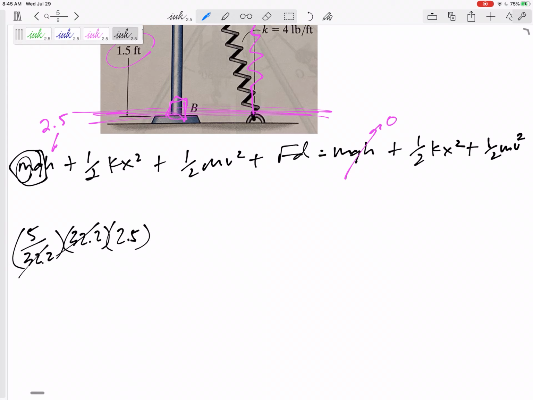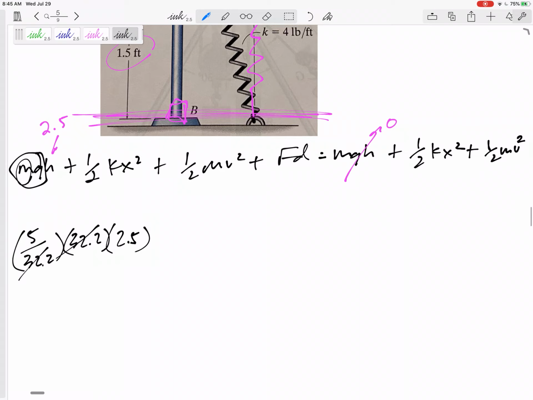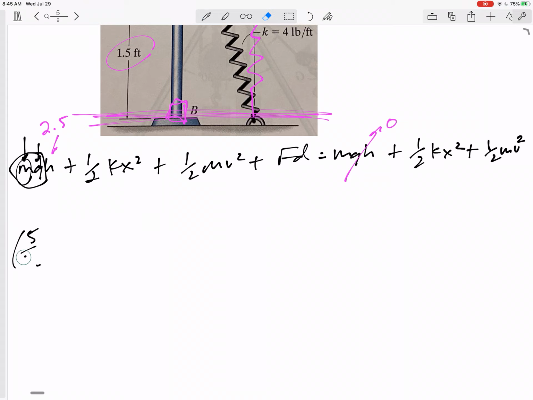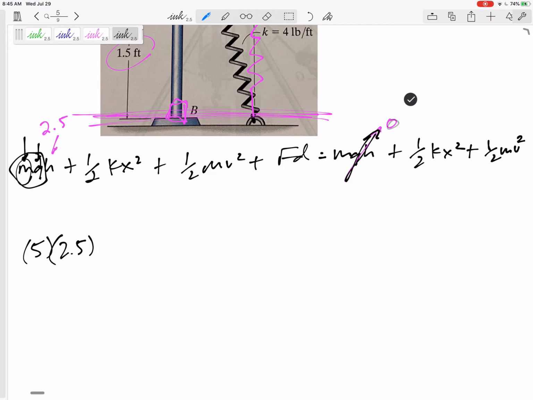Do you see why you could just group the mg together for the weight of 5 pounds? Now, if it's SI units, then this might be kilograms, and this would be 9.81 times height. But anyway, this is English units. So this is 5 times 2.5, and my other side is 0.